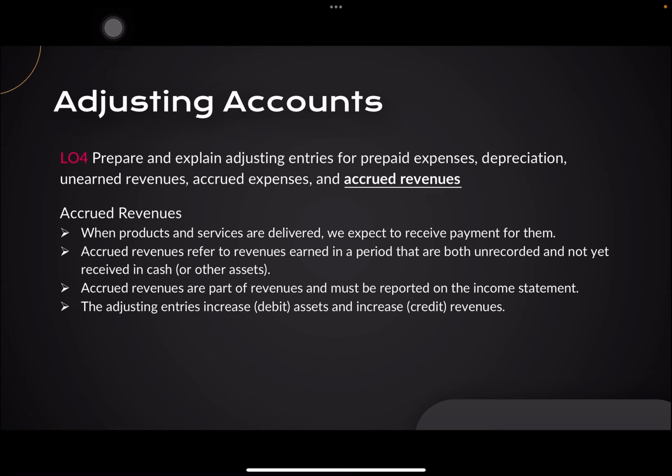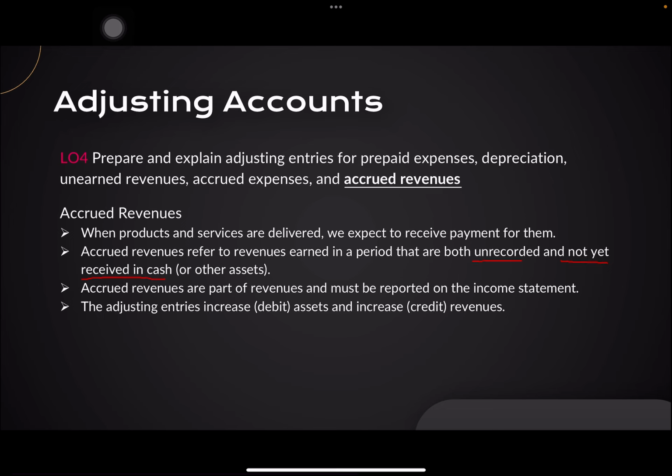So you already actually performed the service to your customer. However, you haven't recorded it yet. It is still unrecorded, and it was not paid to you via cash or through another asset. To simplify it, we have not yet received cash as a payment.